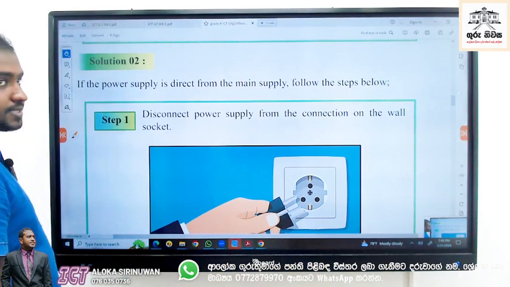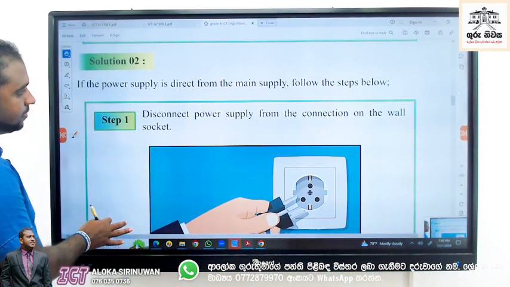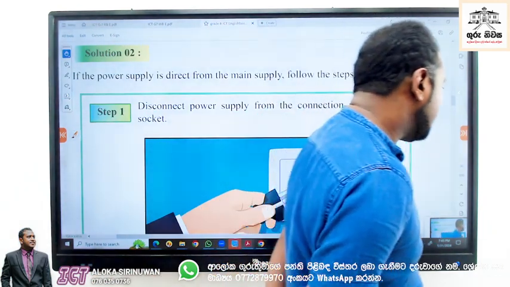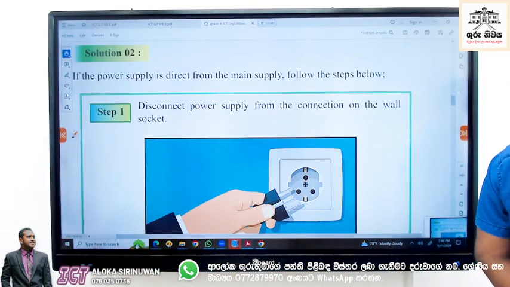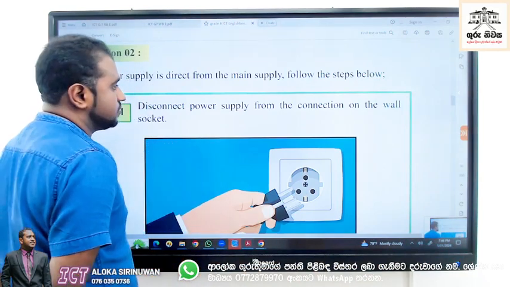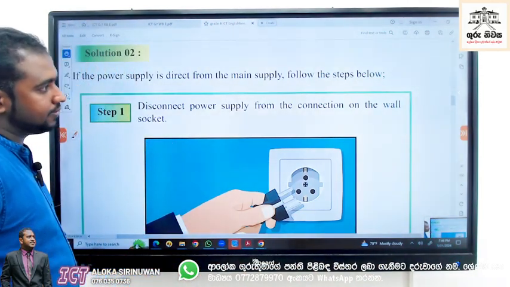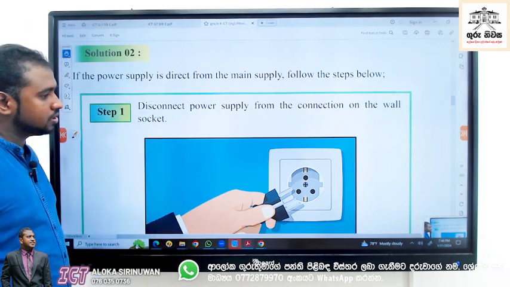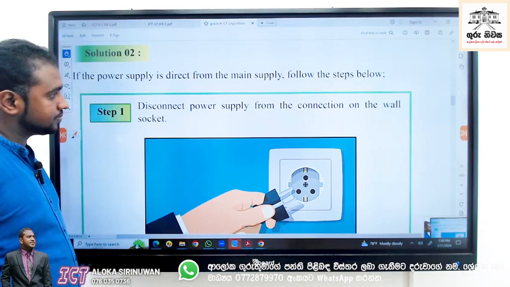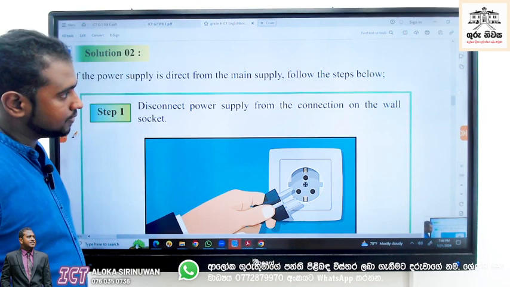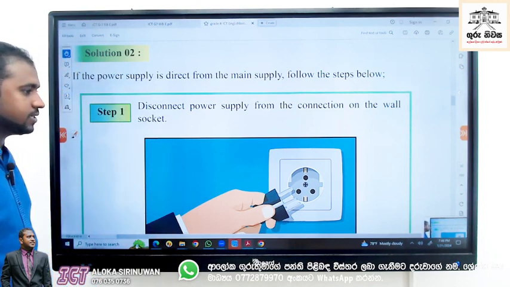Step number 1: disconnect power supply from the connection on the wall socket.